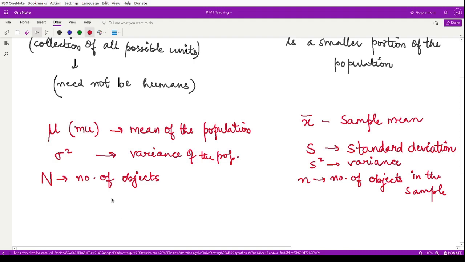Now this N could be finite or infinite, depending on whether the population consists of a finite or infinite number of elements. Can you think of an example of a finite population? The population of ants.